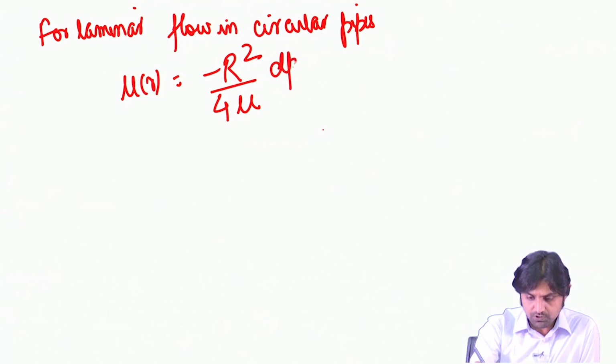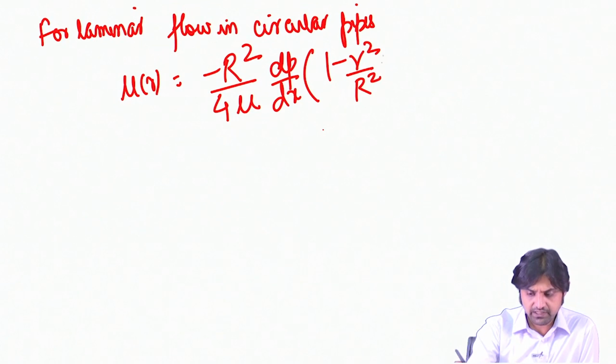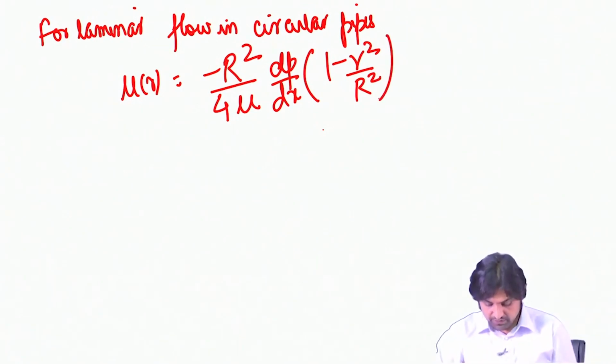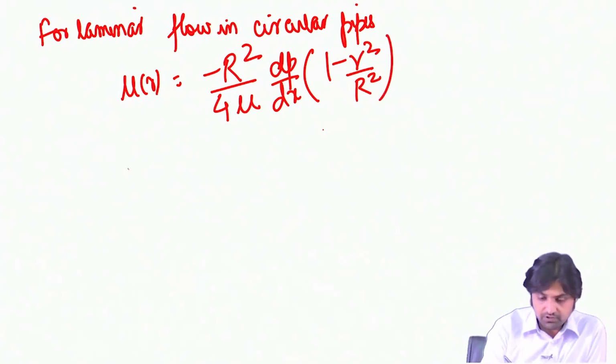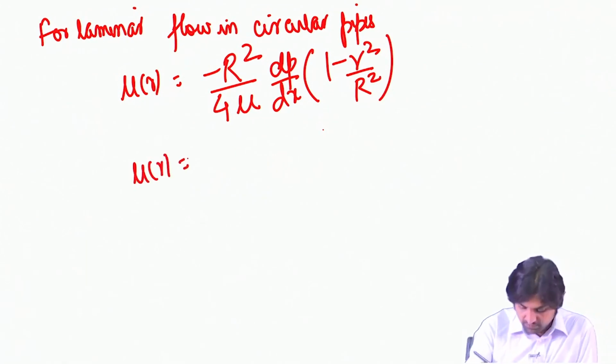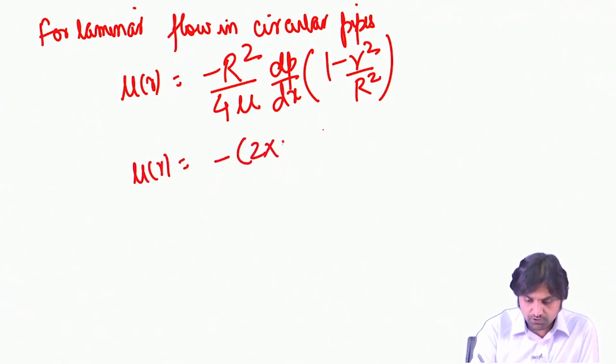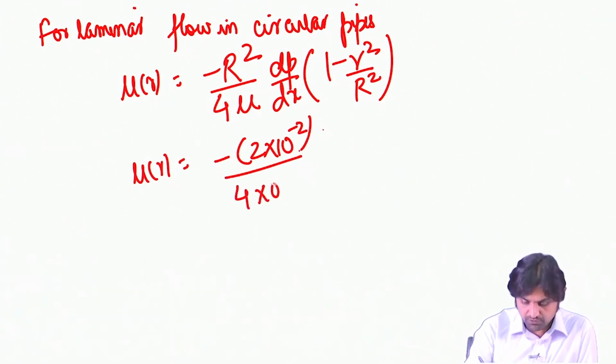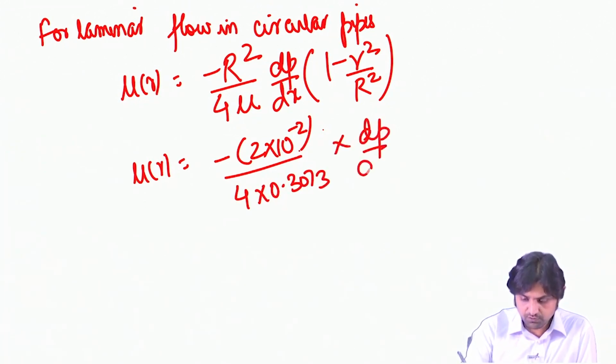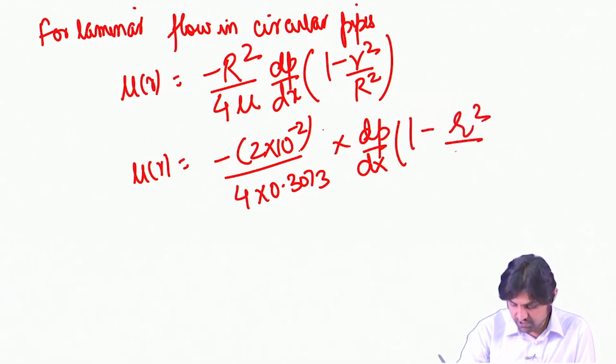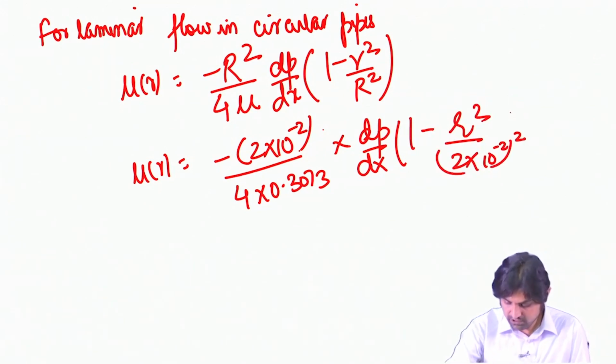This was the formula that we derived already. Okay, and we know many values, so we can simply write minus, R we already know, 2 into 10 to the power minus 2 squared, divided by 4 into 0.3073, dp dx we don't know, okay, into 1 minus r square, capital R we know, 2 into 10 to the power minus 2 whole square, right?